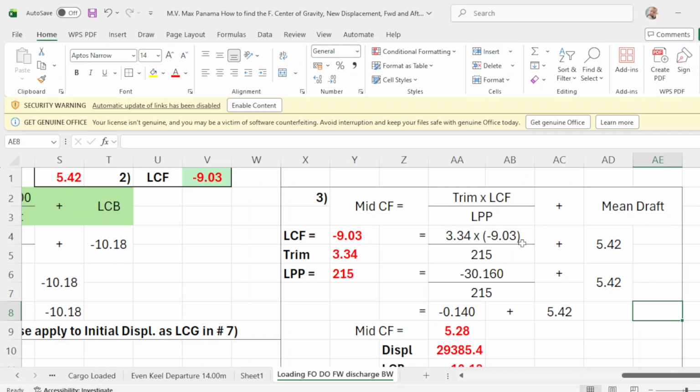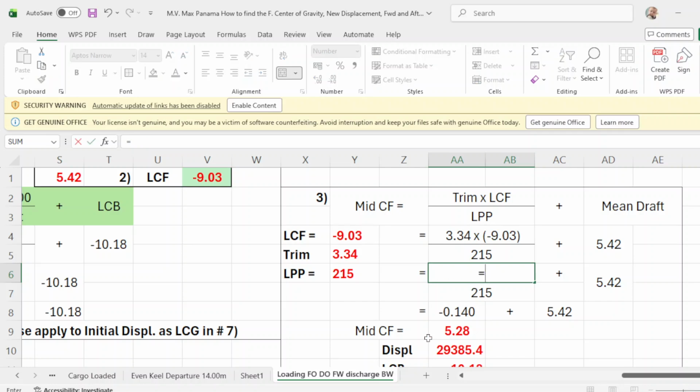So multiply this one. How to multiply this one: put equals. Click the trim times your LCF, which is this one. Then you press enter.